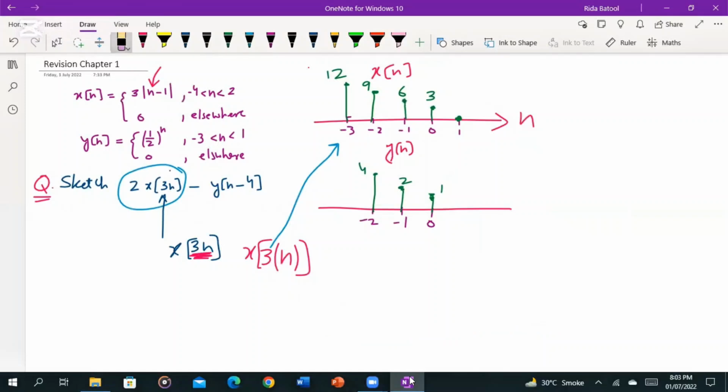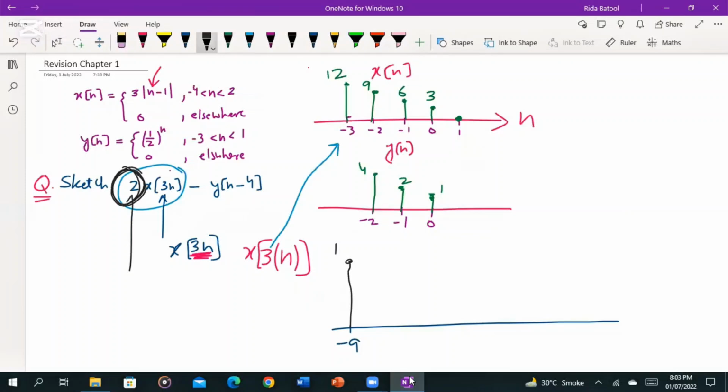The magnitude is 12. Now, what else? You can see that you have to scale it as well. You have to multiply every magnitude by 2. So 12 2s are 24.